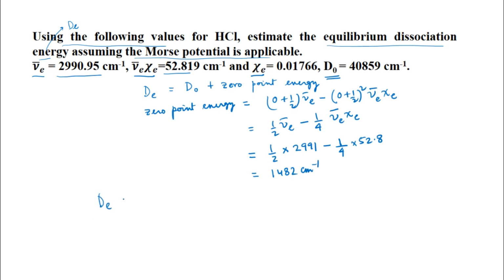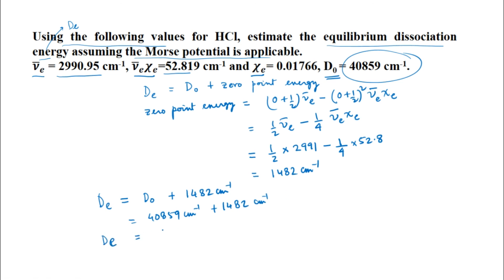So, D E that we need to figure out in this question is given by D 0 plus 1482 wave numbers. So, the D 0 is given, that is 40859 wave numbers plus 1482 wave numbers. So, D E equals 42341 wave numbers.